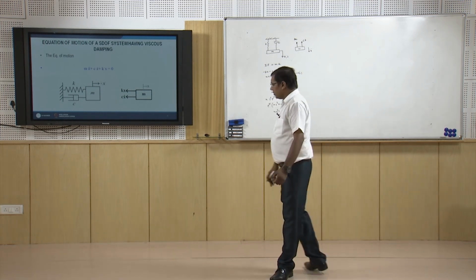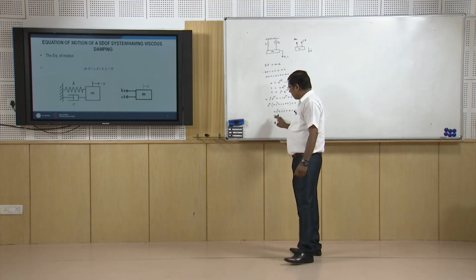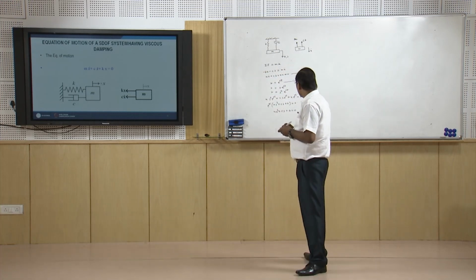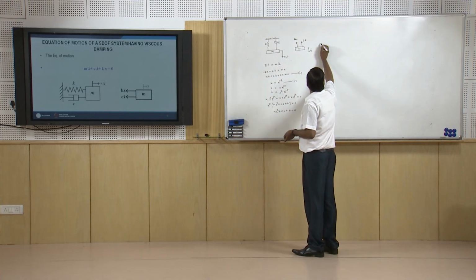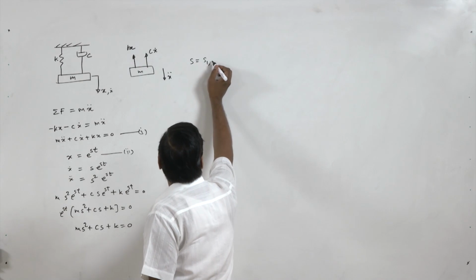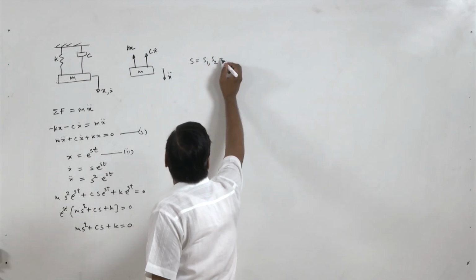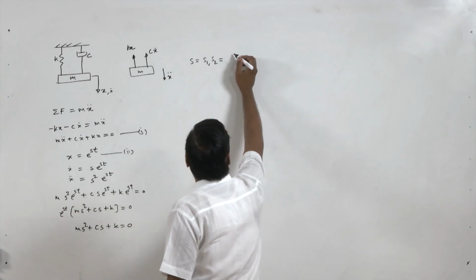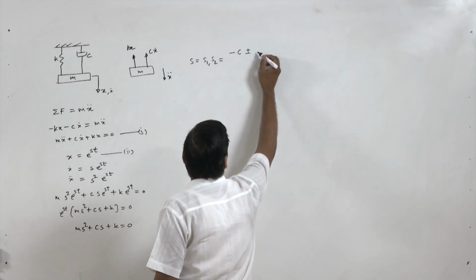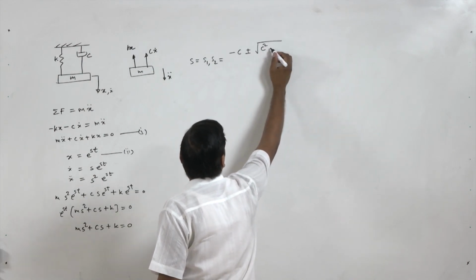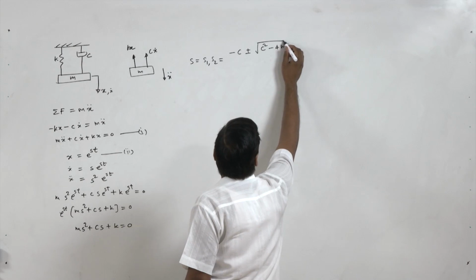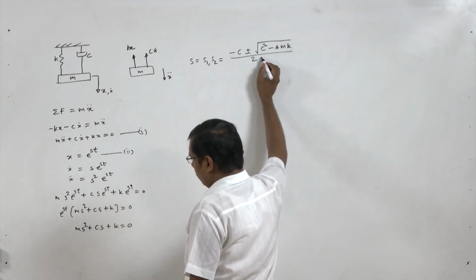Now this is a quadratic equation in s, so it will have two roots. Let's write the roots. s1 and s2 equal to minus b plus minus under root b square minus 4ac upon 2a.